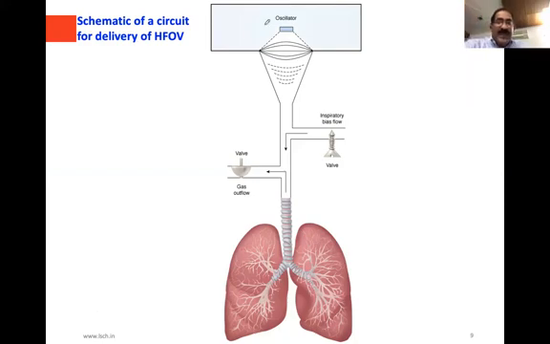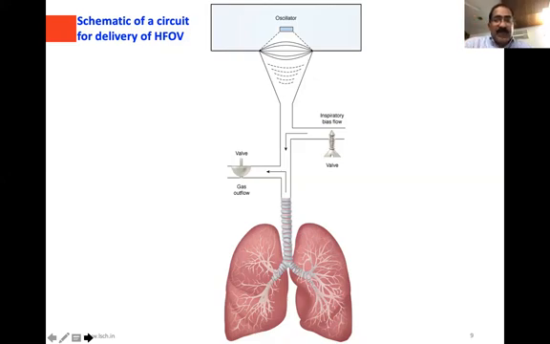And if you see on the right side, you have the inspiratory flow or the bias flow. There you get fresh gas, which is humidified, and that is what goes inside the child. It flushes out the carbon dioxide through the outlet. So you have a mean airway pressure, which is regulated by two things here.